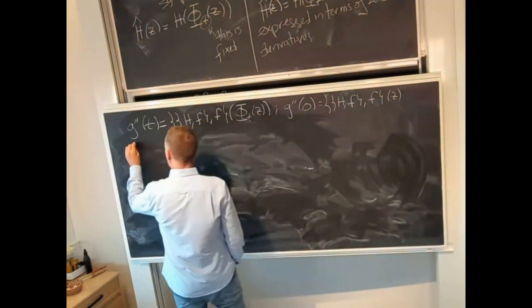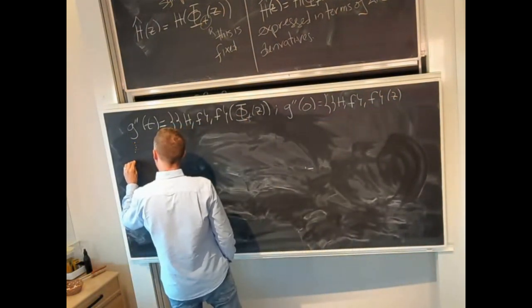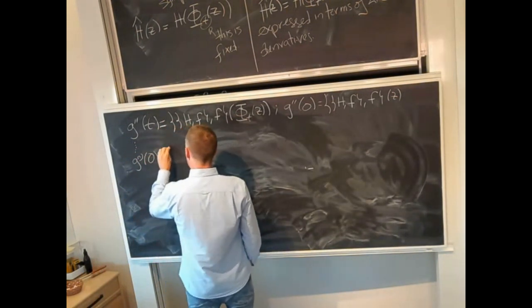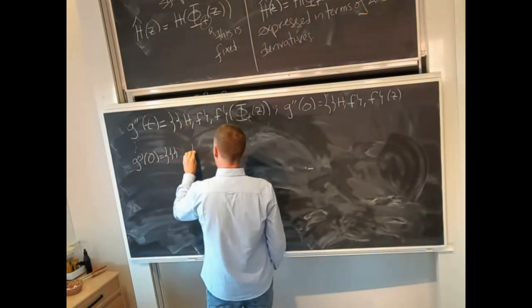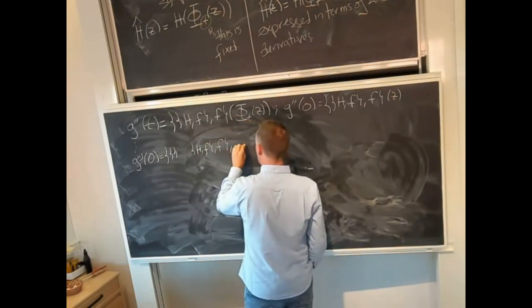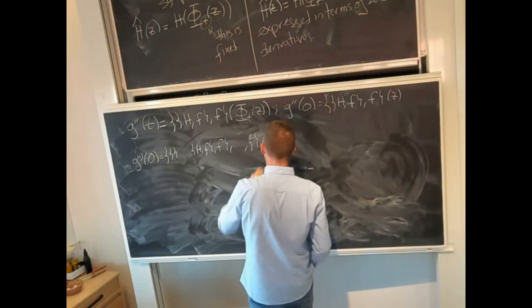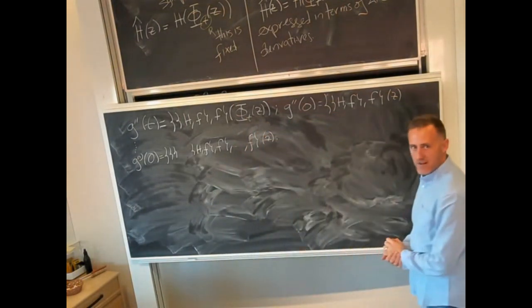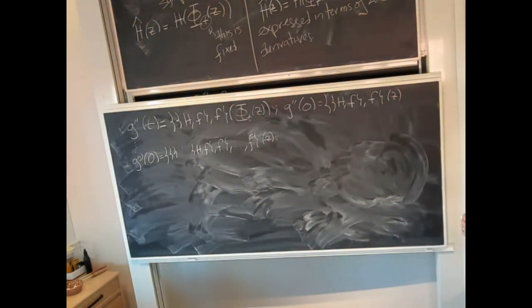So it's not difficult to see that the nth derivative at 0 is nesting all these Poisson brackets n times and evaluating them at z. Okay?